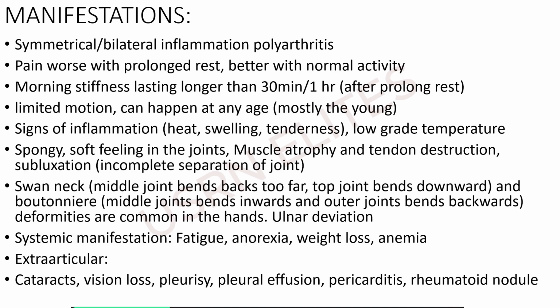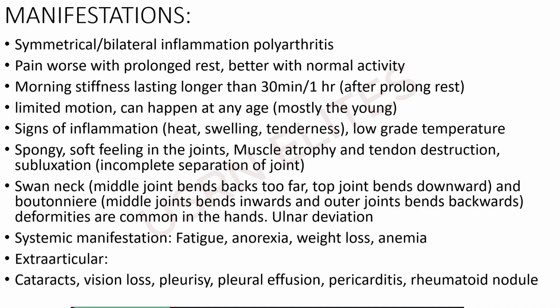And obviously, because of inflammation, there's going to be signs of inflammation at that local area. So we see heat, swelling, and tenderness. And because it's systemic, okay, we are going to have low-grade fever, and a spongy, soft feeling in the joint. This one is soft feeling, okay. Muscle atrophy, because when the joint becomes stiff, you don't want to use it because of pain.